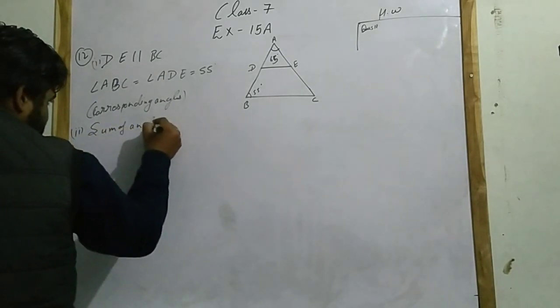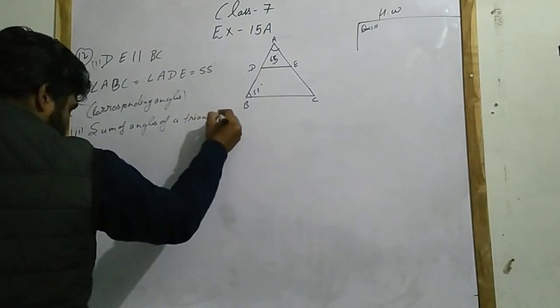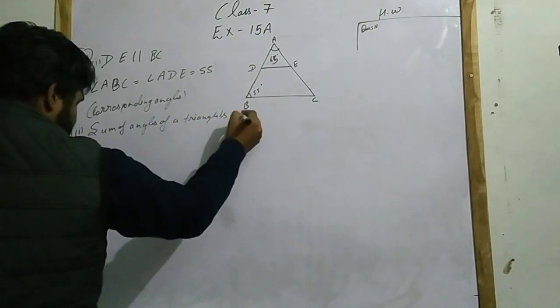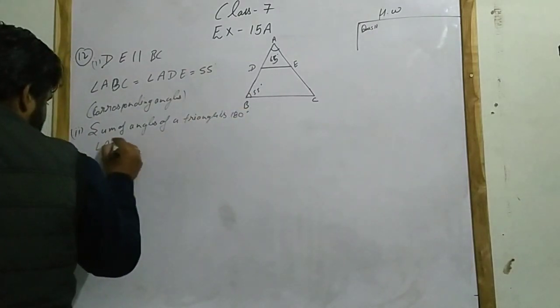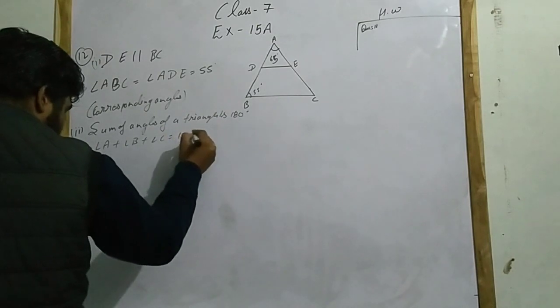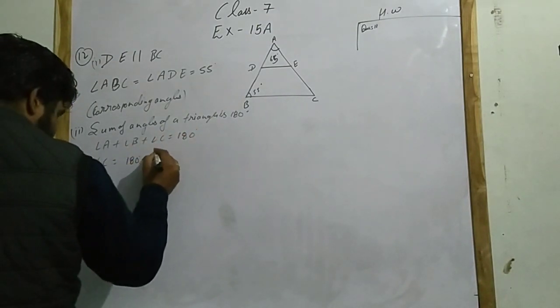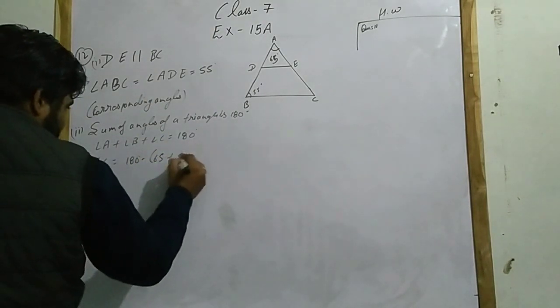Okay, second part, sum of angles of a triangle is 180 degree. So angle A plus angle B plus angle C equals to 180 degree. Angle C equals to 180 minus 65 plus 55.